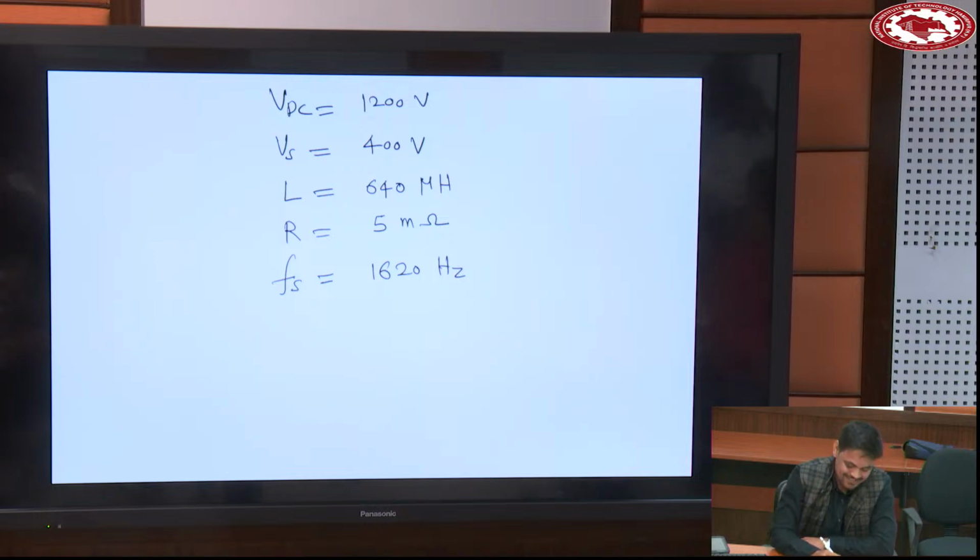Okay. Switching frequency is 1620 hertz. Even this IREF will be 1000 ampere.